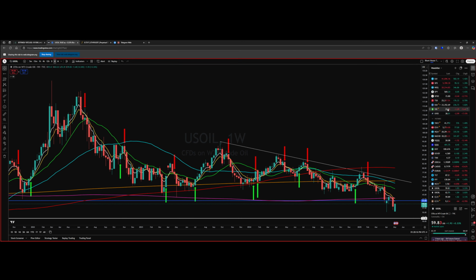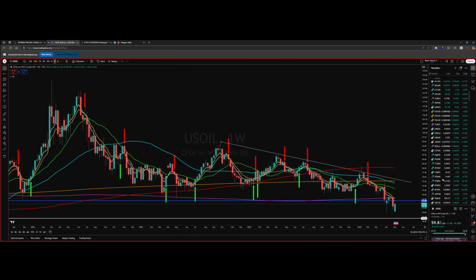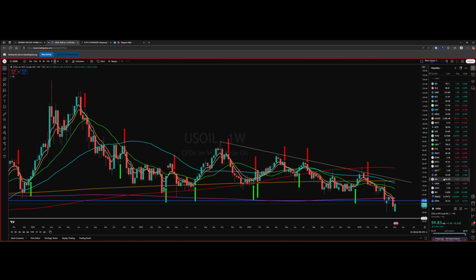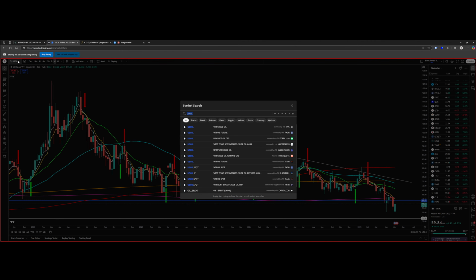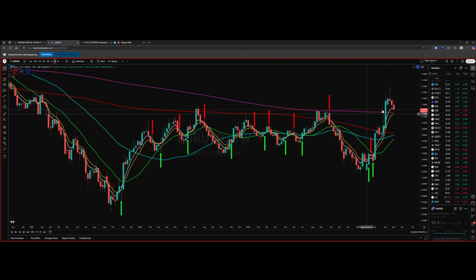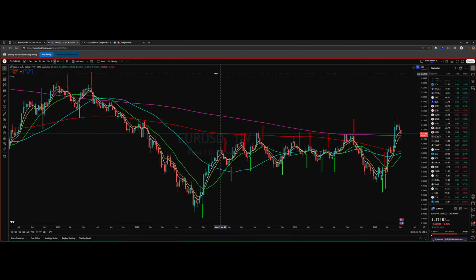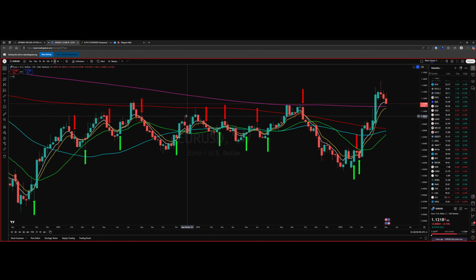I saw a position on Euro USD. So I'm just waiting for a retest on it. So if you go on the weekly, we had that hit the high of 1.158. So overall, we've finished doing the downtrend.